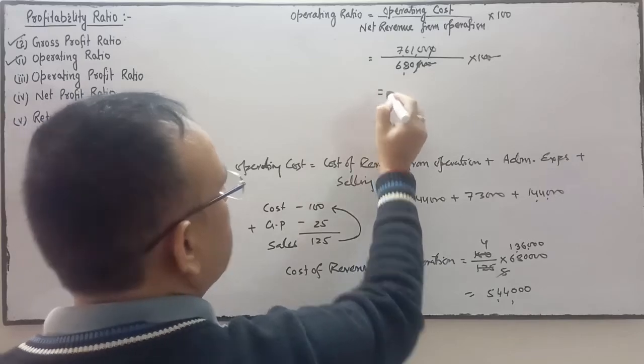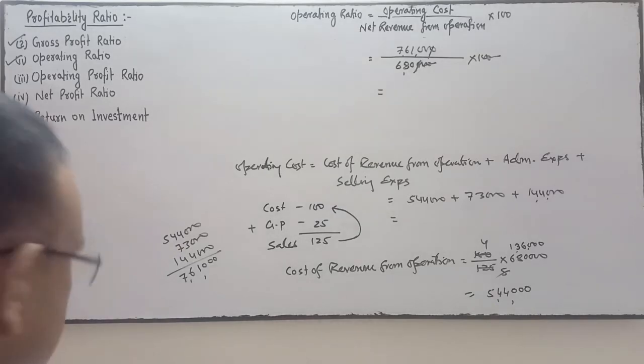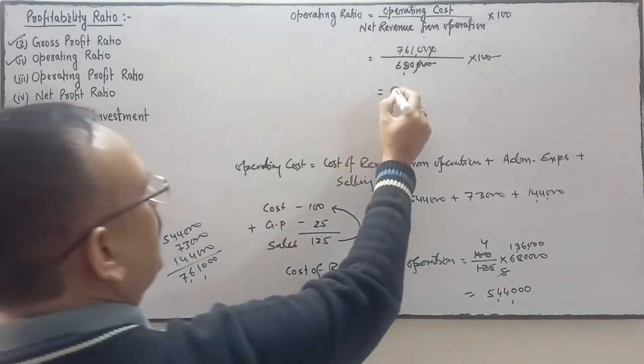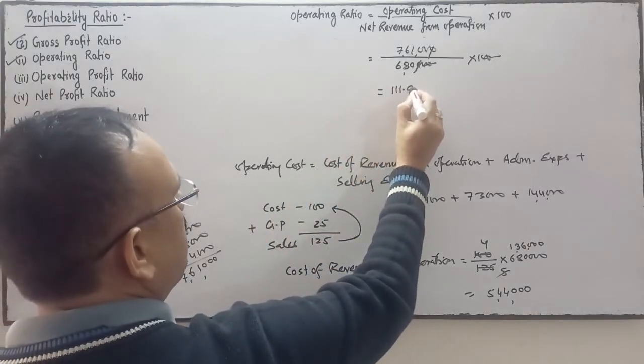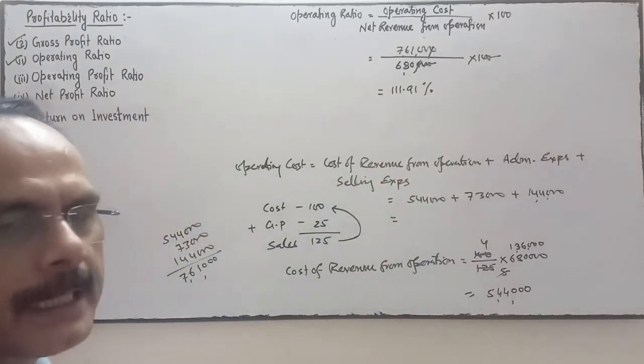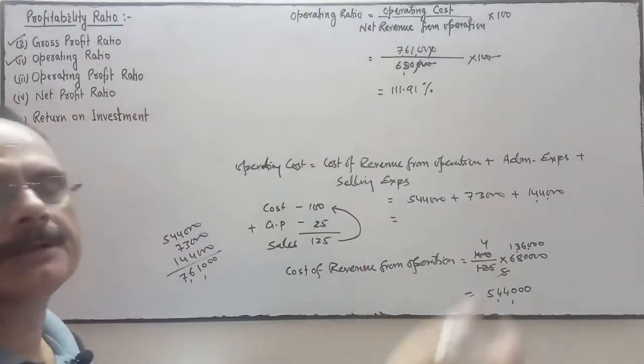So you deduct: 7,61,000 upon 6,80,000 into 100. So it is 111.91%. It's not a good thing for the company that the operating cost is higher than revenue from operation.